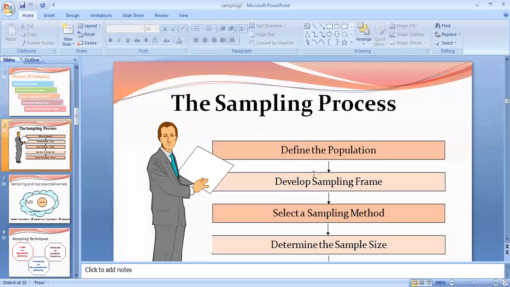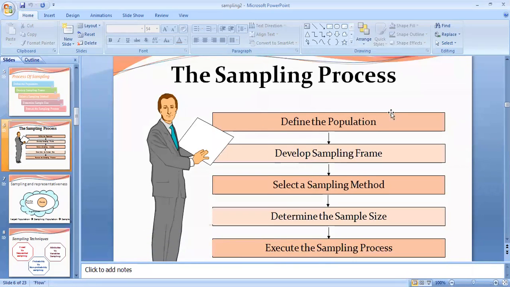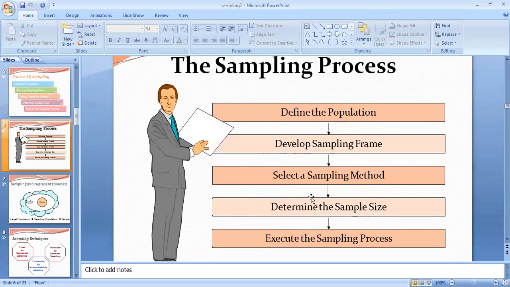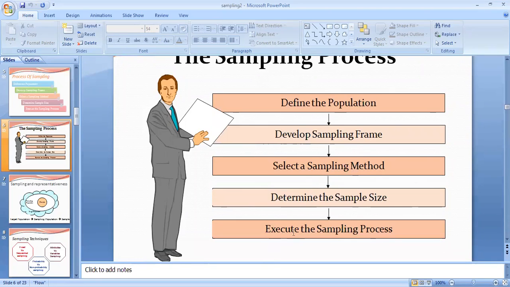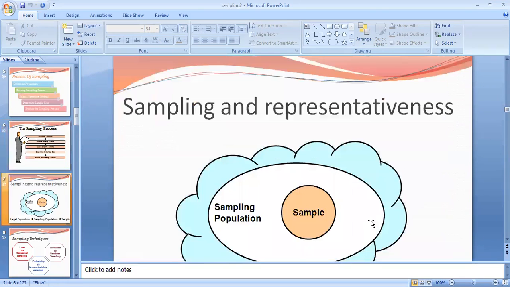So first define the population, develop the sampling frame, select a sampling method, determine the sample size, and then execute the sampling process.